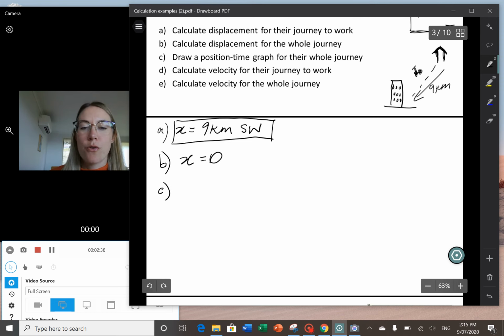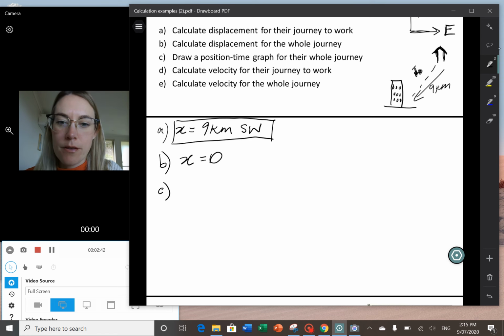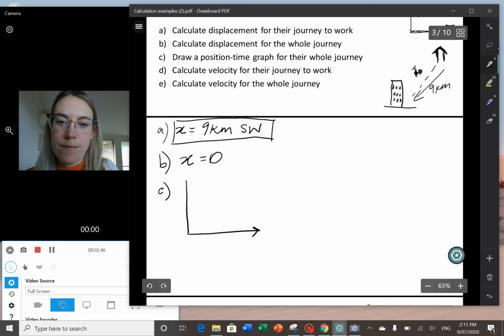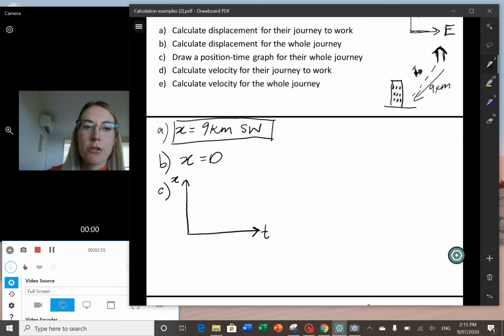Next, we're asked to draw a position time graph for their whole journey. So we're going to have our X and Y axes. The Y-axis is going to be displacement, the X-axis is going to be time, and I'm actually going to convert the measurements that I've been given into meters and into seconds.